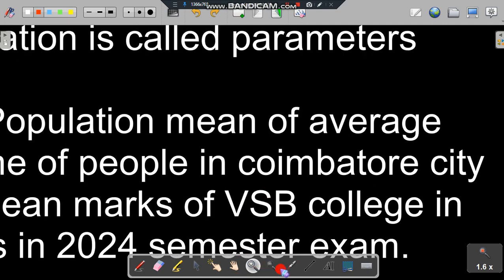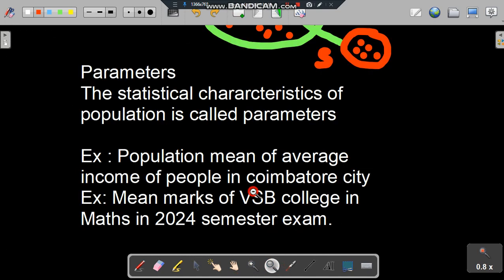So what we understand is that a parameter is nothing but a statistical characteristic of the population. The first example is the average income of the Coimbatore people.